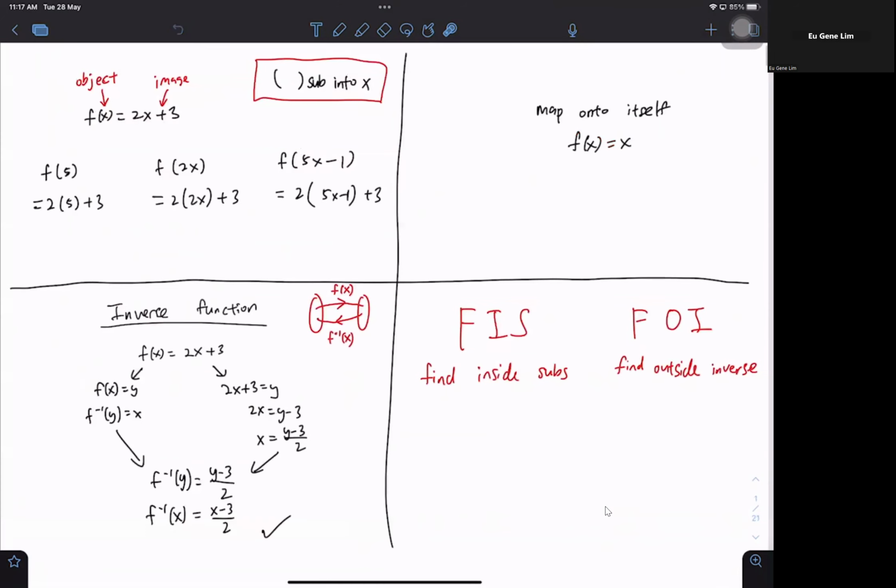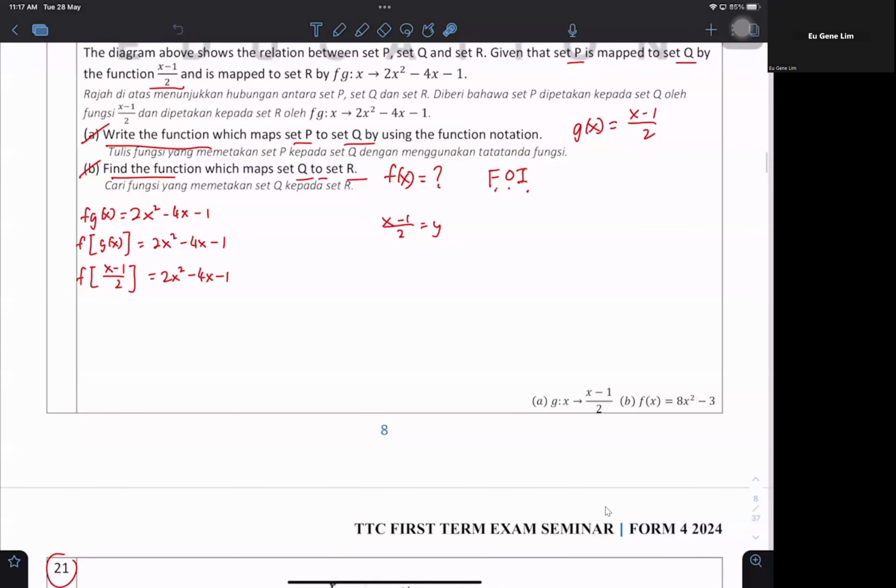Oh, this is the y that you mentioned just now. Okay, never mind, continue. So then divide two, bring over times two. Minus one, bring over plus one.